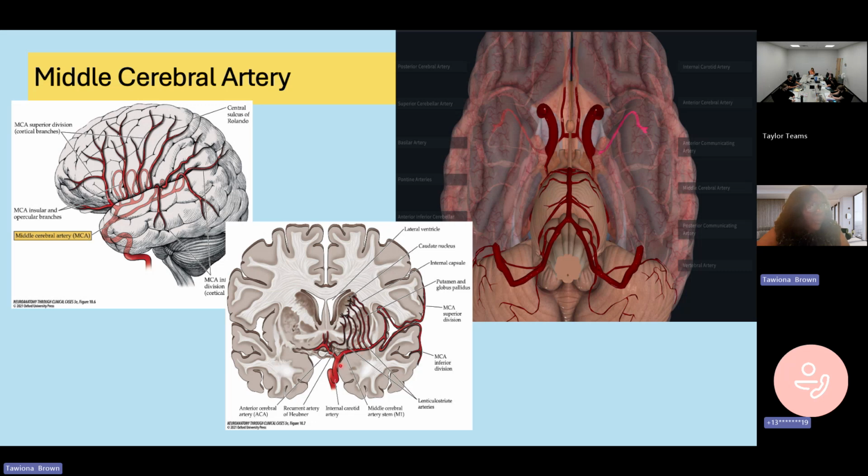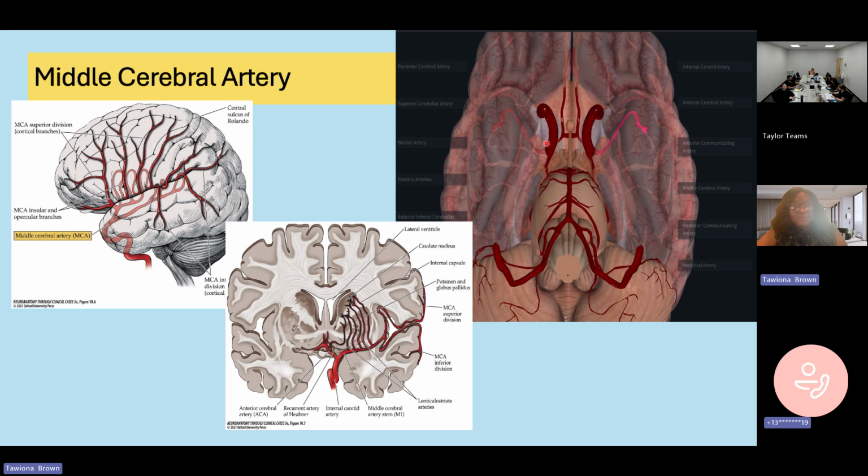And then when the MCA travels along that outer lateral aspect of the brain that we can all see from the textbooks, it's supplying that lateral upper component of the brain, and then probably I would say the superior third of the temporal lobe.